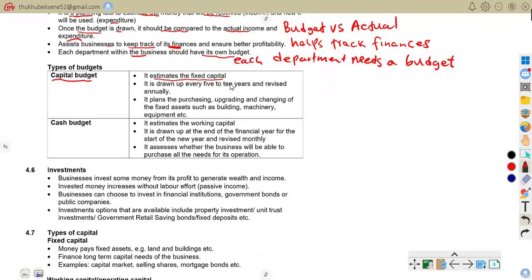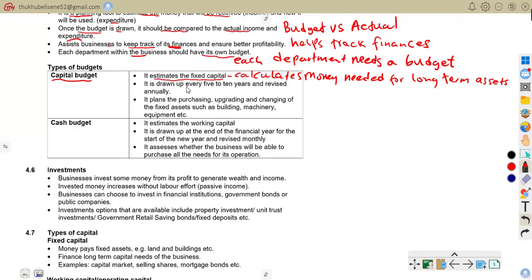So it means it calculates money needed for long-term assets. For example, buy machinery for 200%.